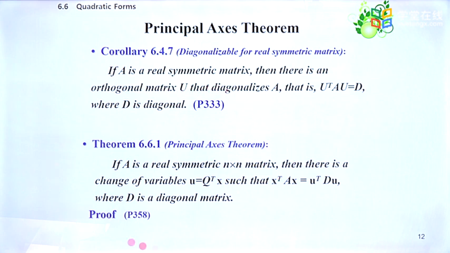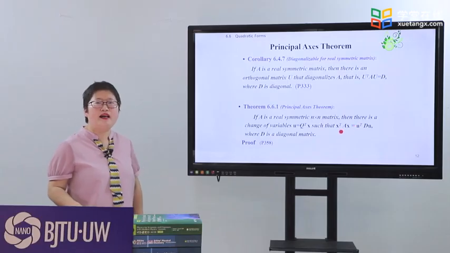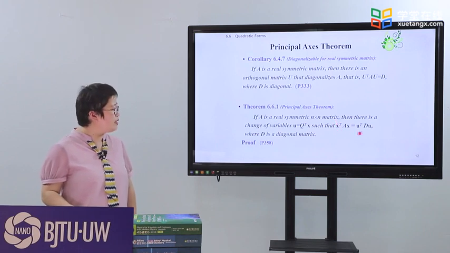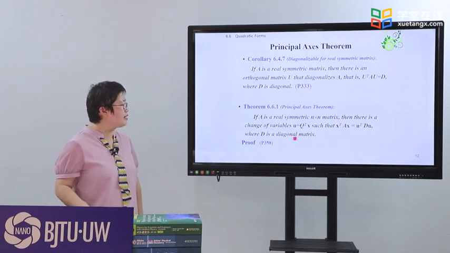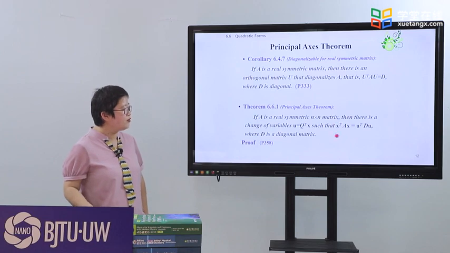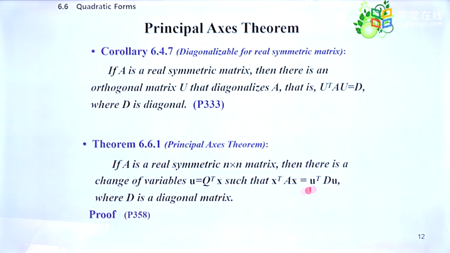And we also have theorem 6.6.1, the principal axis theorem. If A is a real symmetric n by n matrix, then there is a change of variables U equals Q transpose X such that X transpose A times X equals U transpose D times U, where D is a diagonal matrix. So we can transform this quadratic term to a simpler form. Okay.